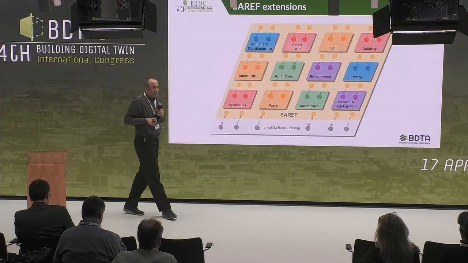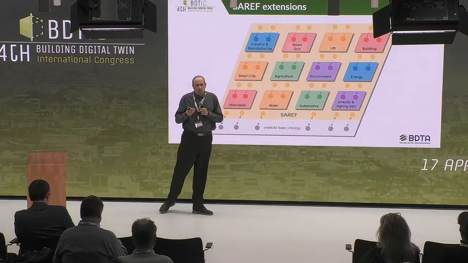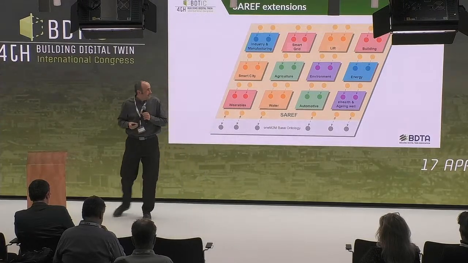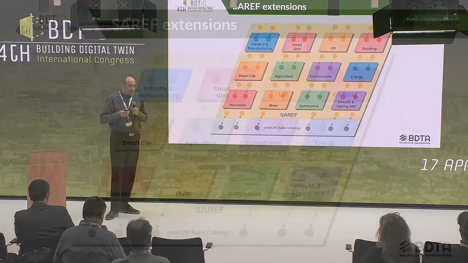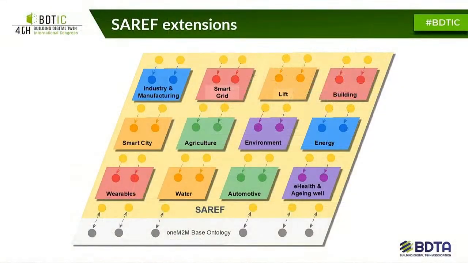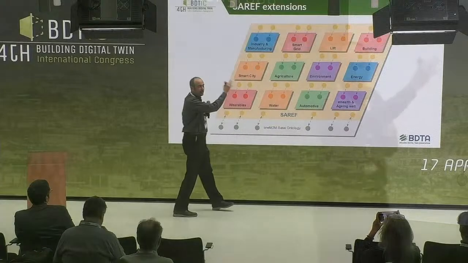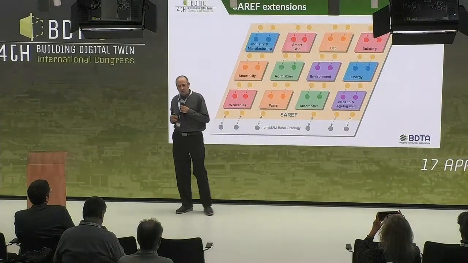Currently, the Saref ontology is a core ontology with 12 extensions that cover things like Saref for energy for demand response, Saref for grid for the smart grid, water infrastructures, environment, industry, smart cities. If you think about the use cases that we have seen right now, we are covering a lot of these things, buildings in digital twins.